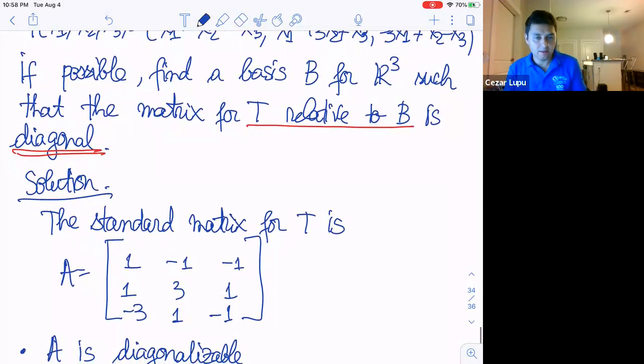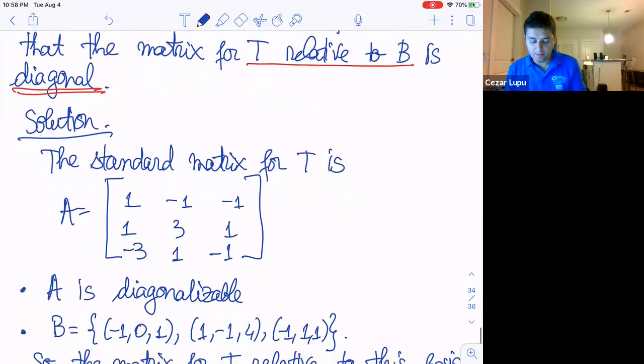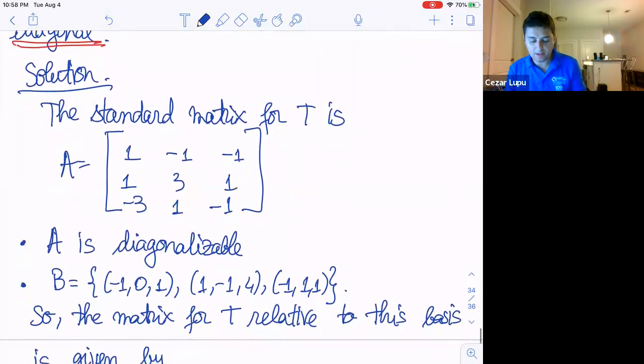Well, clearly A is diagonalizable. We have this fact about A being diagonalizable. The basis for my linear transformation will consist of these vectors: (-1, 0, 1), (1, -1, 4), and (-1, 1, 1).